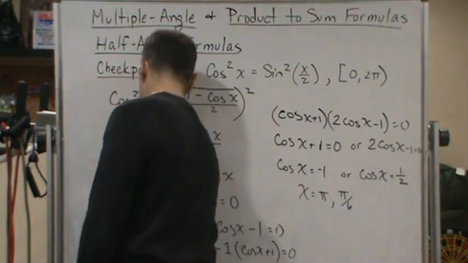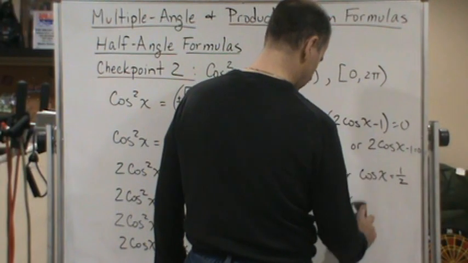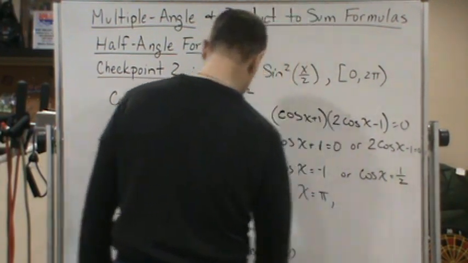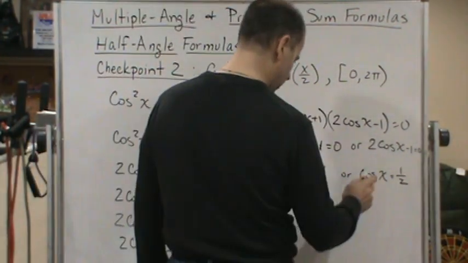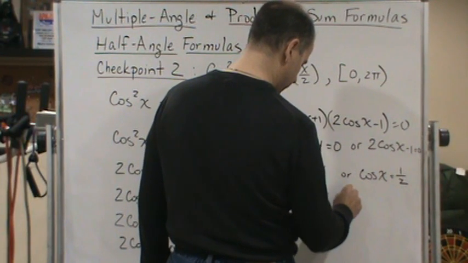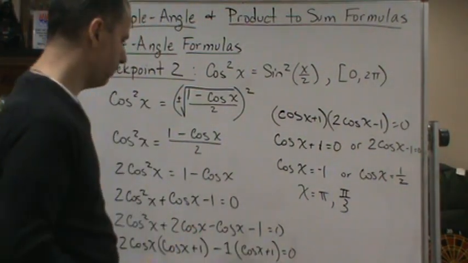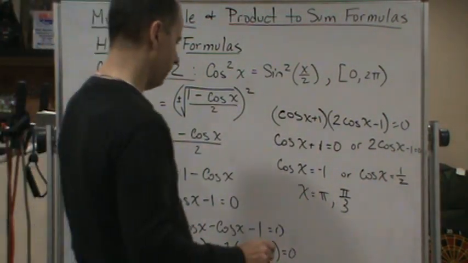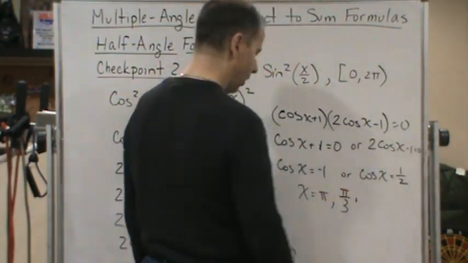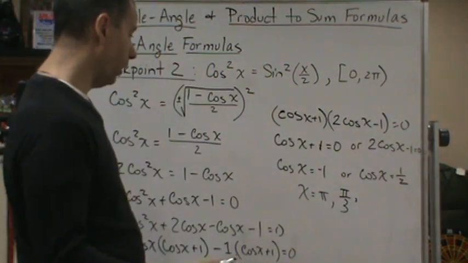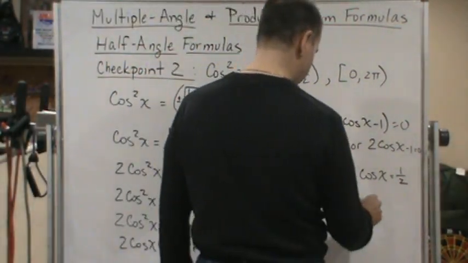Oop, I'm making the mistake I made earlier, where it's cosine. This is a 60-degree angle. So this is going to be pi over 3. Almost made the same mistake I made in a previous video. Okay, so pi over 3, or what? 5 pi over 3.